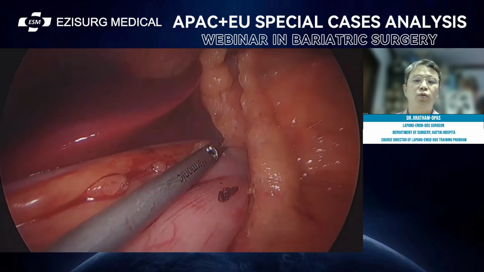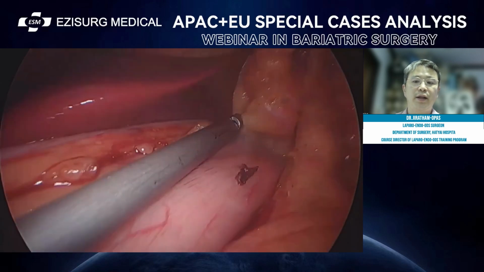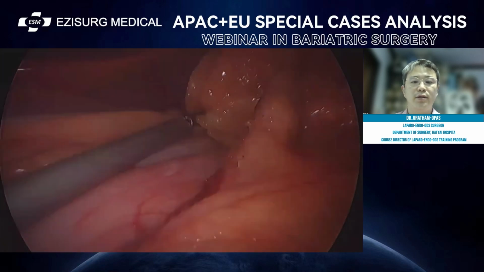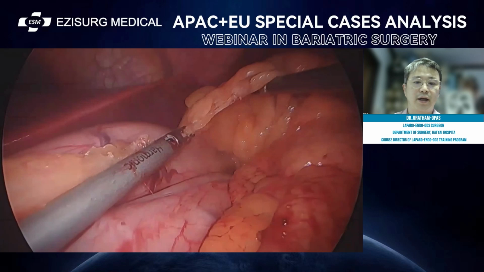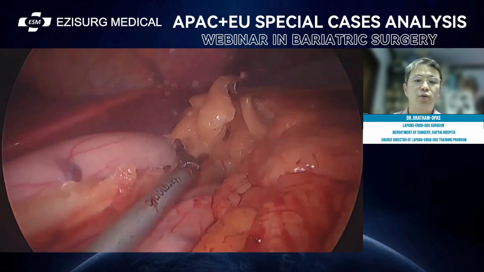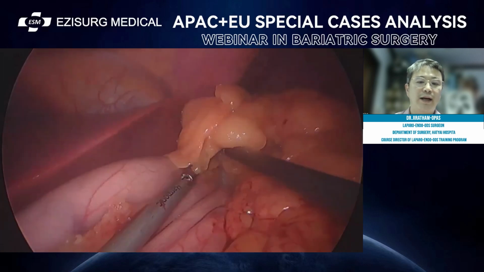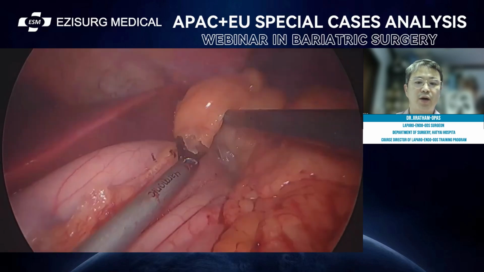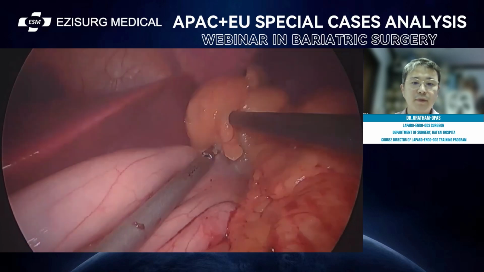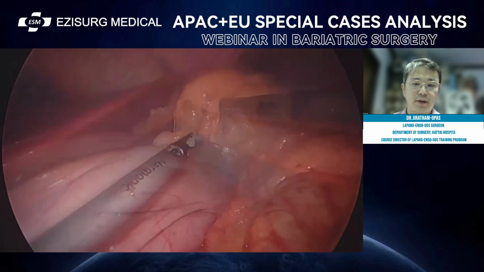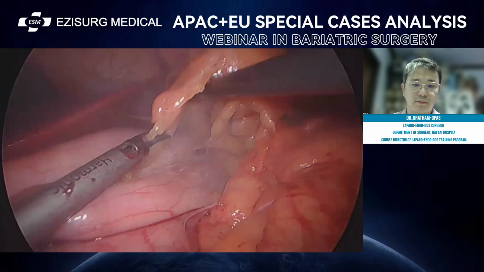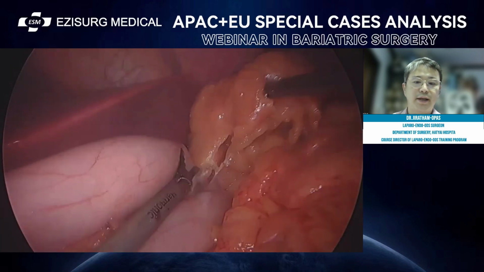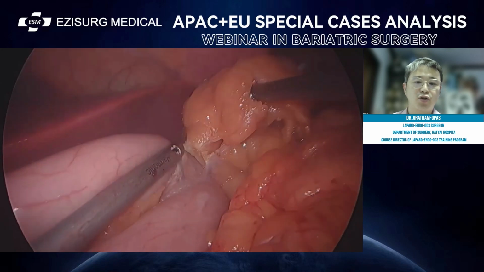We start to divide the greater curvature with an energy device, such as Harmonic or anything else. Then we approach the fundus as much as possible and try to identify the EGJ. We also open the posterior gastric mobilization.